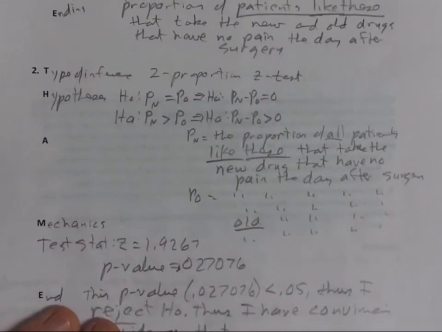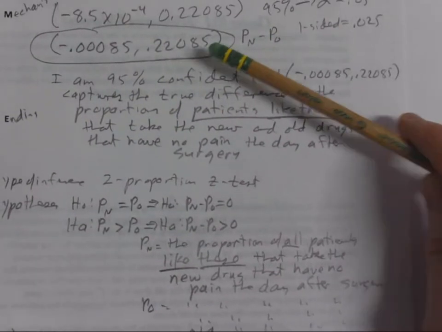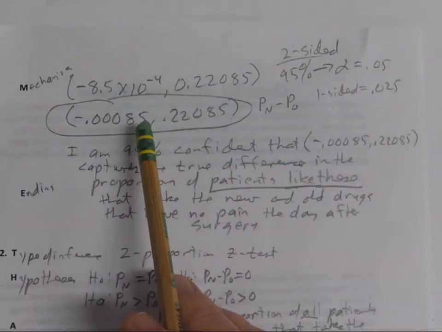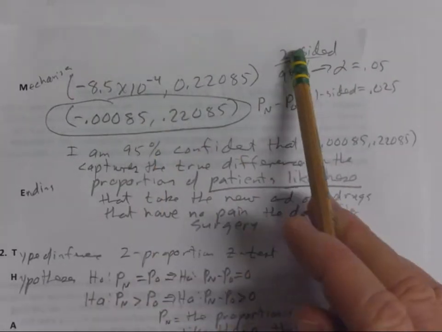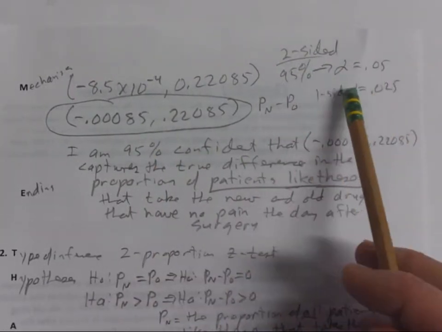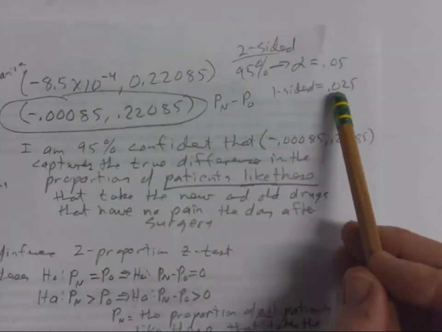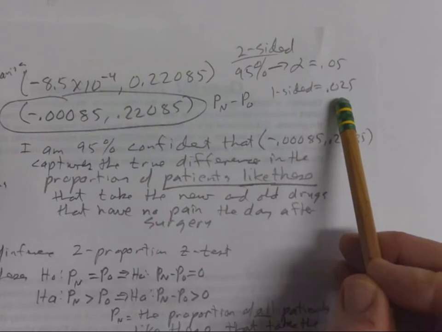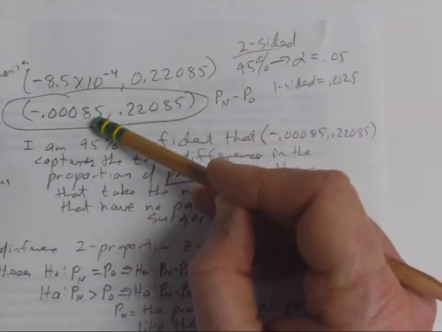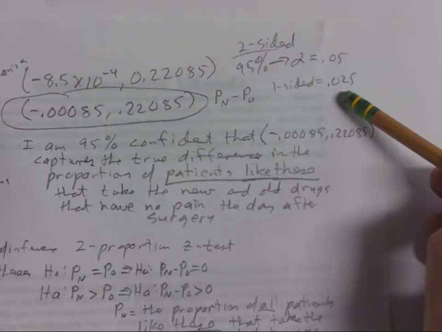Now, in regards to connecting the p-value with the interval. Like I said, in conclusion, 0 is in the interval. So in a two-sided test, our p-value will be above 0.05. But on a one-sided test like this one, just greater than, it gets put in half. 0 is in the interval, so we're expecting our p-value to be above 0.025.